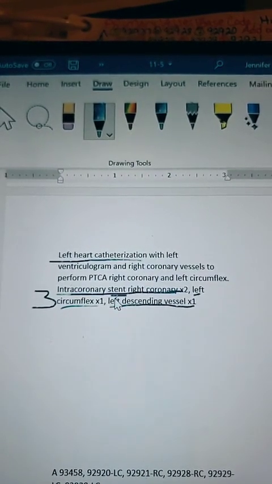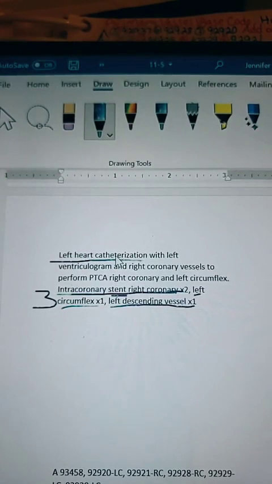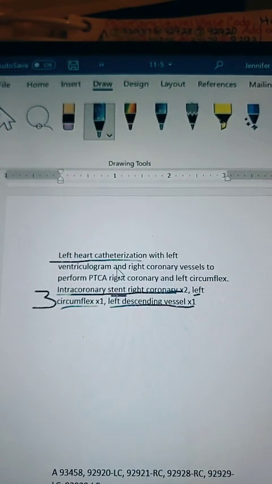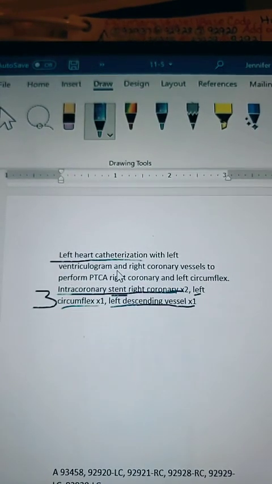So anytime you're doing an intervention procedure in the heart and it starts out with left heart catheterization, it is not codable. You can't code the approach. The only thing you code is the intervention happening in the arteries. Why? I don't know why.